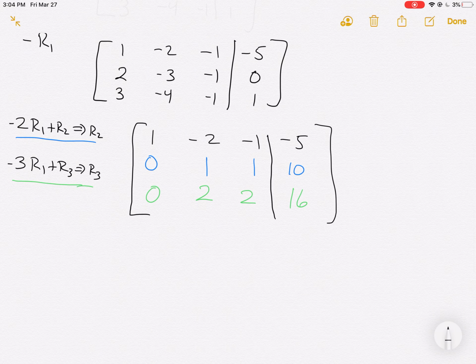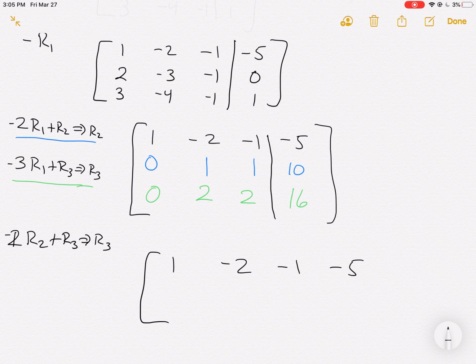Well, you know what we're going to do next. We're going to use row 2 to clear out row 3 because we need that 0 underneath. So let's take negative 2 times row 2 and add it to row 3 to produce a new row 3. Well, look what happens there. We're going to have 1, negative 2, negative 1, negative 5 staying. 0, 1, 1, 10 staying.